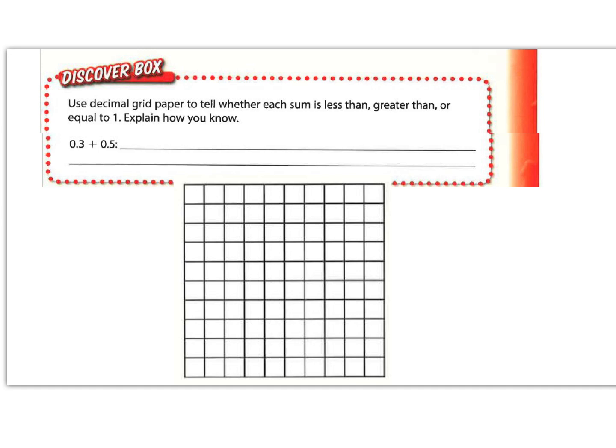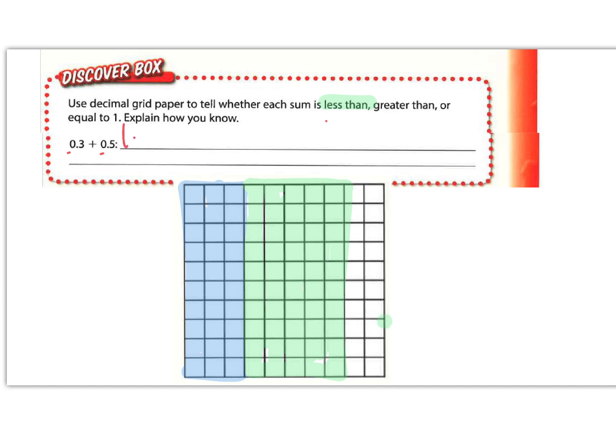All right, the next one says use decimal grid paper to tell whether each sum is less than, greater than, or equal to 1. Explain how you know. We have 3 tenths and 5 tenths. Let's shade those in. 3 tenths. So 1 tenth, 2 tenths, 3 tenths. Okay, so 3 out of 10. And then we have 5 tenths. 1, 2, 3, 4, 5. 5 tenths shaded in. Well, it's less than 1 because we see that it doesn't fill up the whole thing.